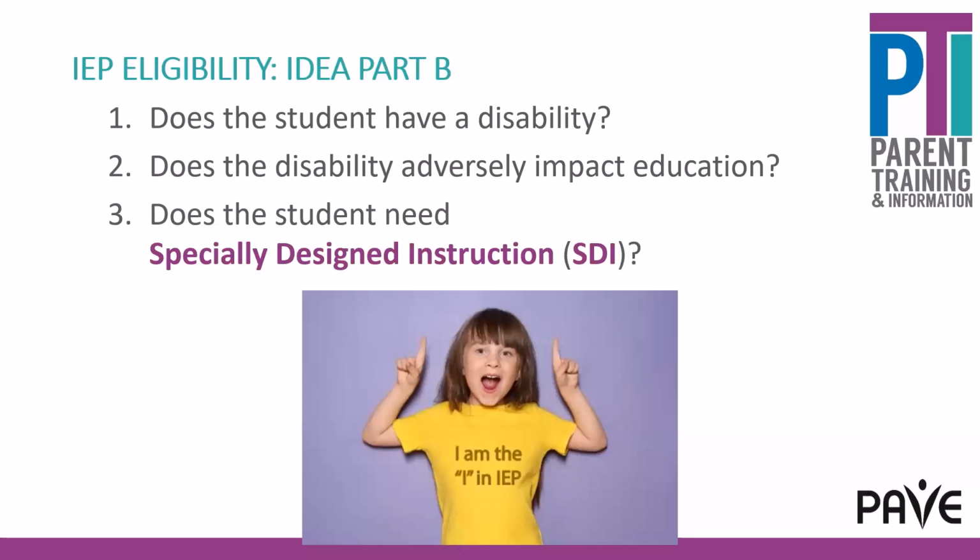For example, a student who is learning to read with specially designed reading services will have at least one reading goal. For more information about the nuts and bolts of the IEP, watch the 3rd video in this training series called IEP Goal Setting, Present Levels, SDI, and SMART Goals.